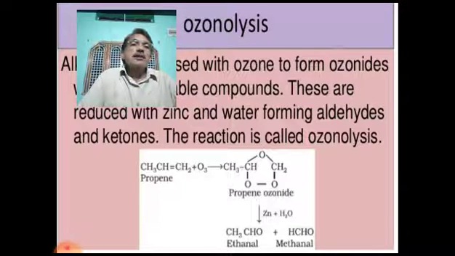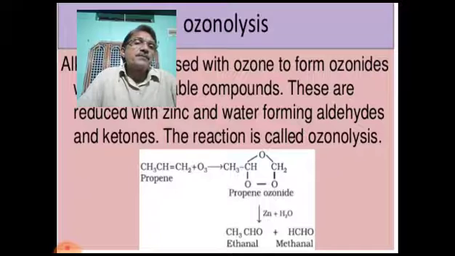Alkenes and alkynes undergo ozonolysis. In this reaction, the alkene is treated with ozone to give a cyclic, intermediate, unstable and explosive compound called alkene ozonide. This alkene ozonide undergoes hydrolysis in the presence of zinc, giving rise to carbonyl compounds.